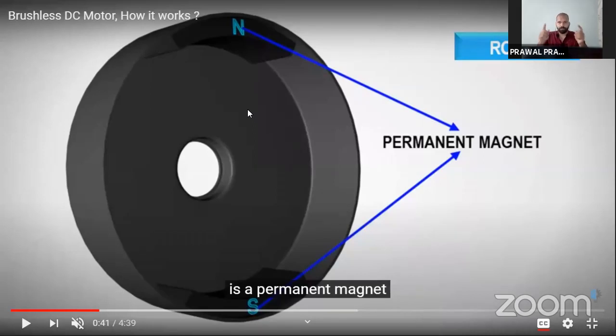You took a wire, wound it around a material, and connected this point to the positive and this point to the negative. You might get a north pole on this side and a south pole on this side. If you reverse the polarity, the magnet poles will also reverse.